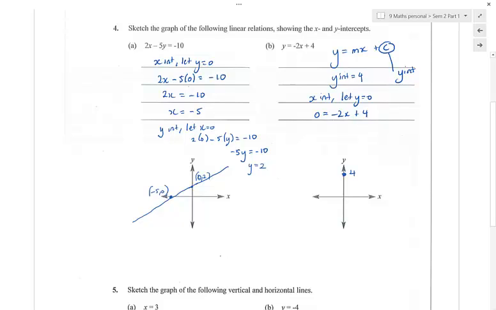You could probably just guess what that would be. But what I'm going to do is add 2x to both sides. So that's 2x is equal to 4. Divide both sides by 2. x is equal to 2. So there you go.